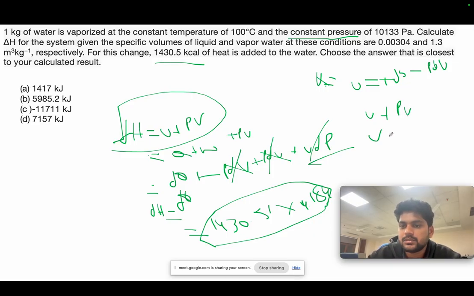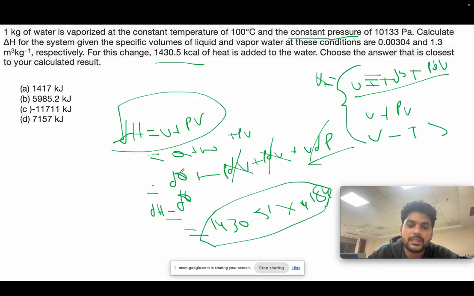Helmholtz will be U minus TS. The Gibbs will be entirely this one, where here it will be plus. If they ask you to find any terms, let's suppose if I ask about enthalpy, we can calculate from this.